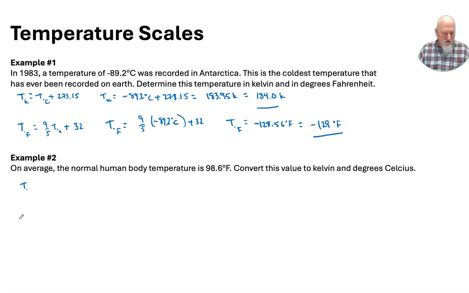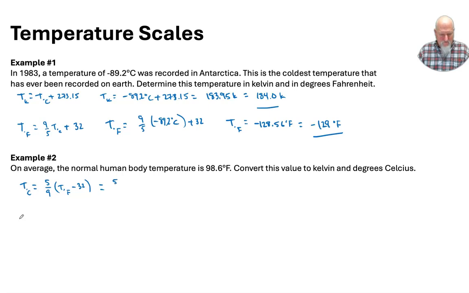So if I want to get to Celsius, I see that temperature in Celsius is 5/9 times my temperature in Fahrenheit minus 32. And in this case, we see our subtraction is in parentheses, so we're going to do that first and then multiply by 5/9.